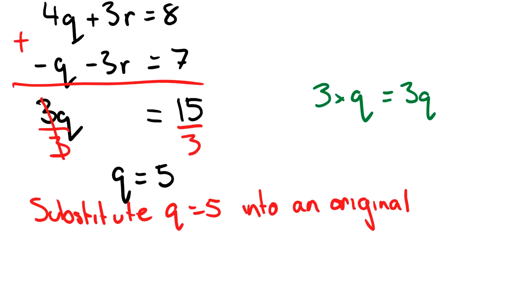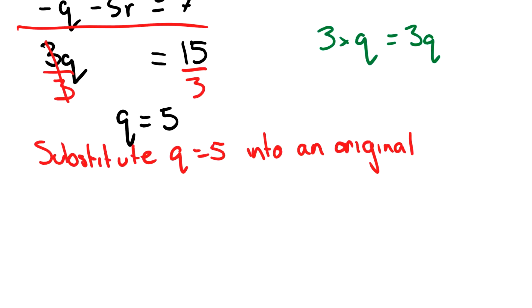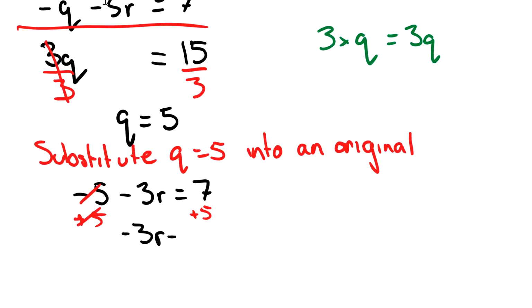Let's pick the second one, minus q minus 3r equals 7. So we have minus 5 now, minus 3r equals 7. Let's plus 5, plus 5. I get minus 3r equals 12, and then we divide by negative 3.